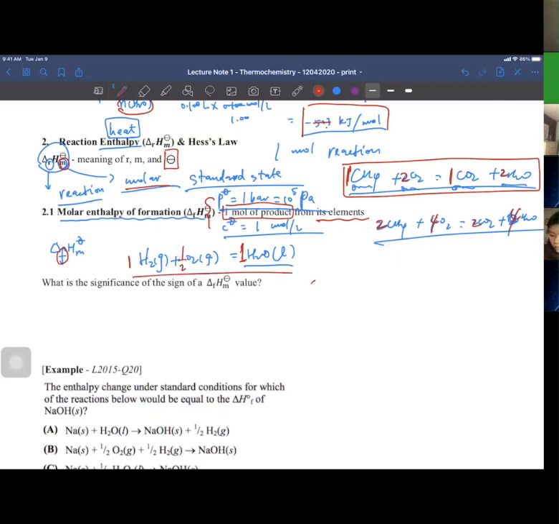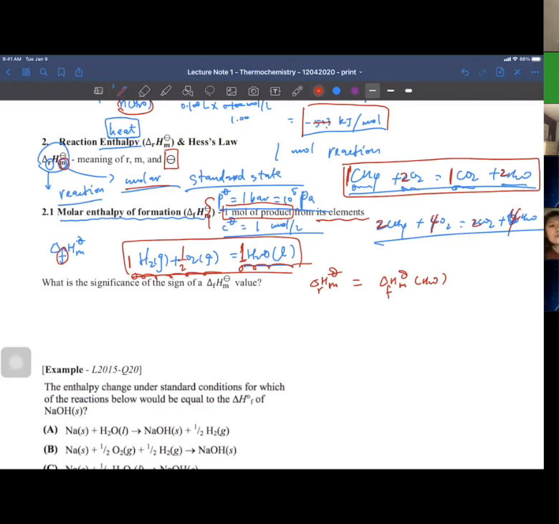So the delta H R, which means the molar reaction enthalpy of this reaction, is the delta H F of water. That's called the molar enthalpy of formation of water. So 2 points. The first one, the product is 1 mole. Secondly, you need to use the stable elements to make this product.